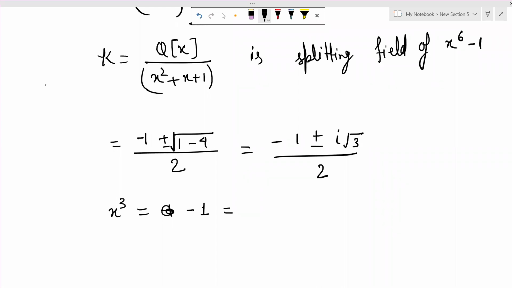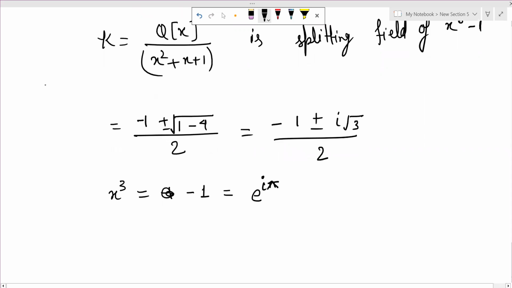When is cos value -1? At 180 degrees. 180 is pi, basically, right? So how can you write this? e to the power i pi, right? Agreed? Yes. i pi is basically cos pi plus i sin pi, but cos pi is -1 and sin pi is 0, right?